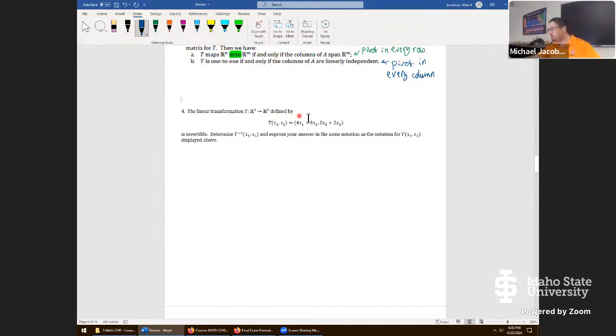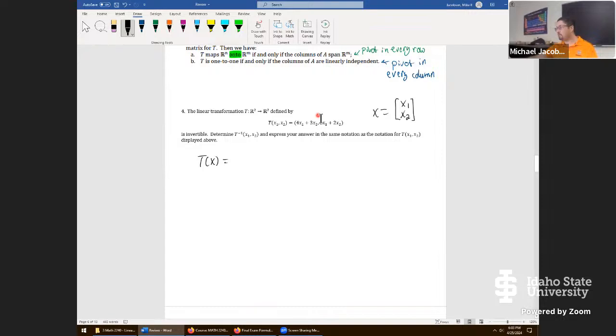So the transformation goes this way. That's sort of not helpful, so our first goal is really to fix the notation. I would rather call it T of x, where x is now equal to x1, x2. This is our standard way of representing these algebraic objects in linear algebra.